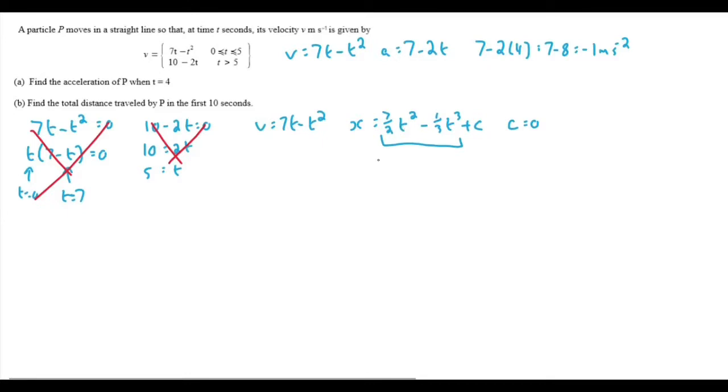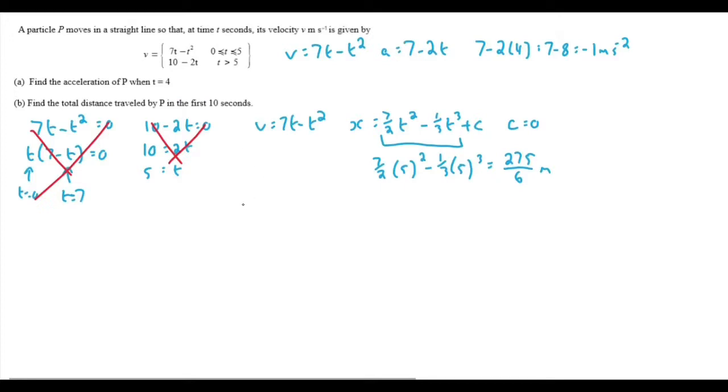So from here you would get 7 over 2, 5 squared minus a third, 5 cubed. And putting that into your calculator, you would get that this particle travels 275 over 6 meters in the first 5 seconds. We're not done yet, but this is the first section.